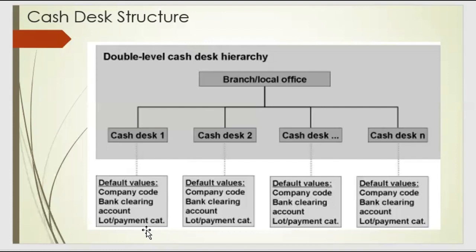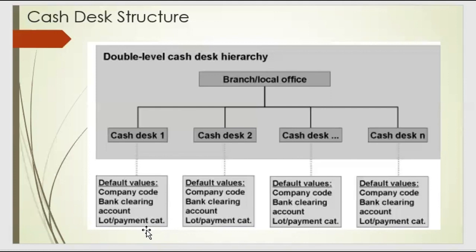A cash desk can receive any kind of payment, whether it's a check, cash, a demand draft, or a credit or debit card. Because each type of payment is linked to different payment lots and payment categories, those also need to be linked to the cash desk. That is the basic need of a cash desk.